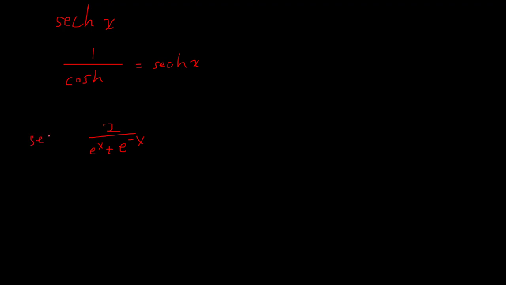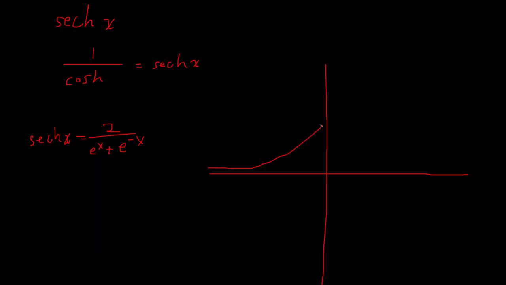This is what sech x is going to look like. Plotting that on a graph would look something like this. So this peaks over here and then it goes back down like that. It's supposed to be a bit smoother, and this peak is at y equals 1.